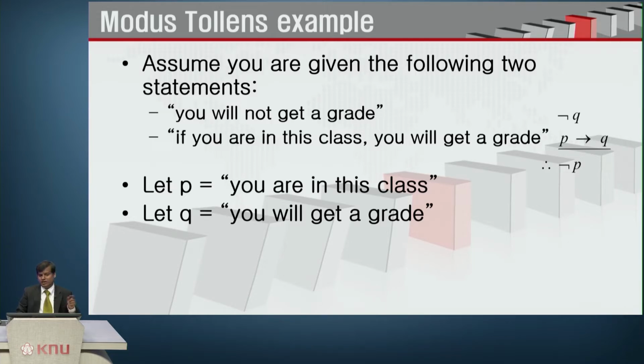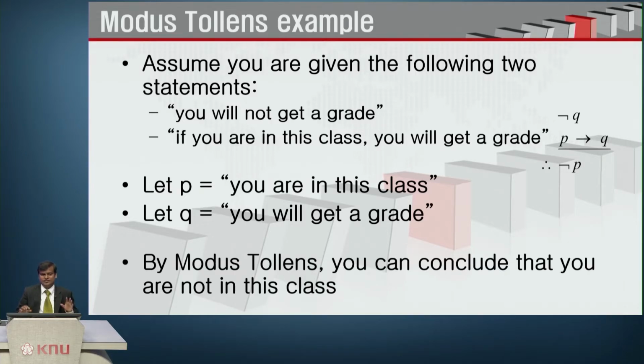Negation of P. So the negation of Q is you are not getting a grade, and the conclusion is that you are not in the class. Yeah, that's the output of modus tollens.